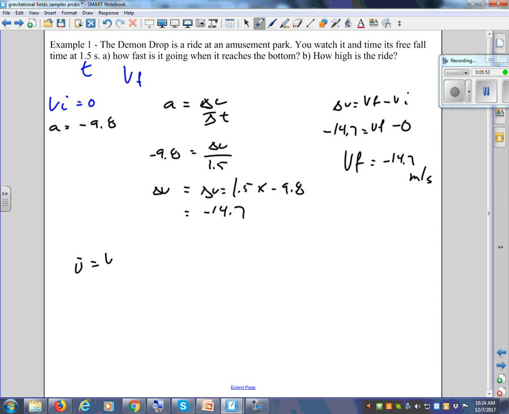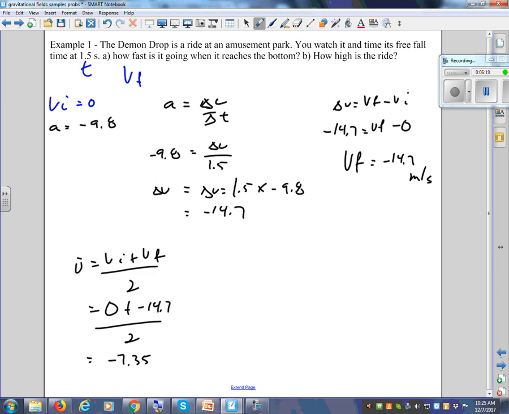V bar is VI plus VF over 2. The average is 0, VI is 0, plus minus 14.7, divided by 2. And you get 7.35, I think, right? Minus 7.35. That's the average. That's what's in the middle.